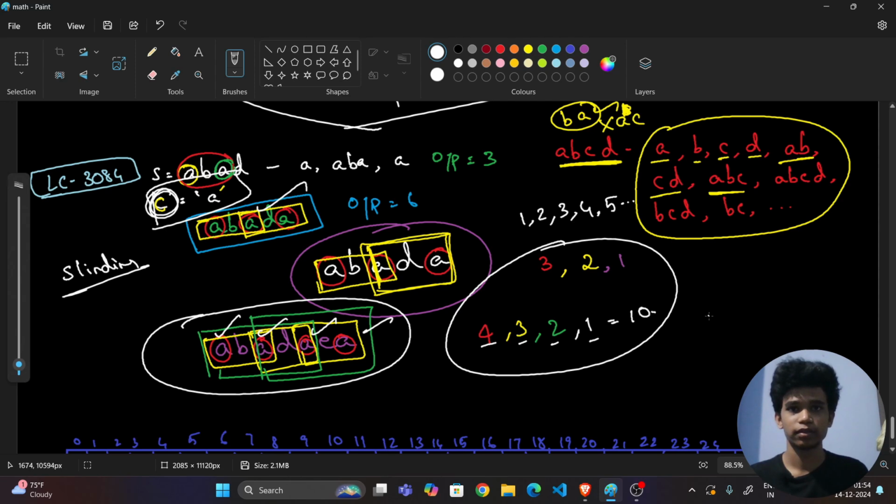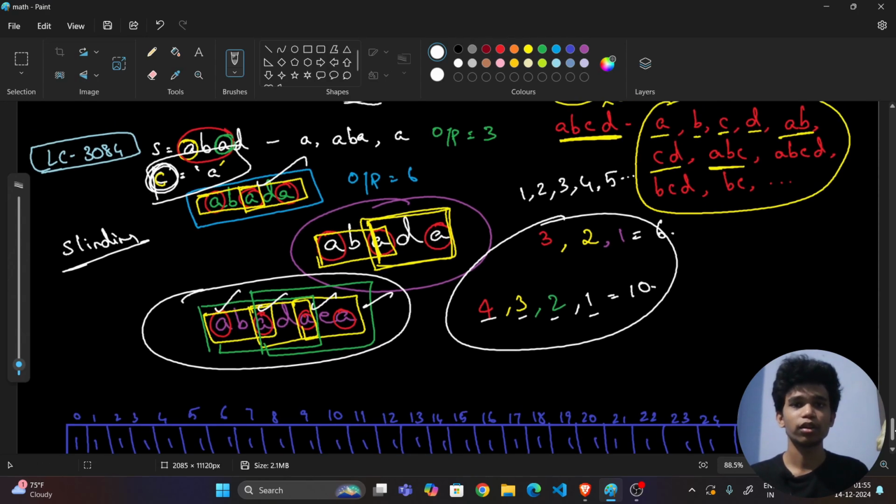Can you understand this? And for the previous example, the answer will be 6. So I want to count how many characters present are equal to this C. Then I want to apply the sum of n natural numbers.